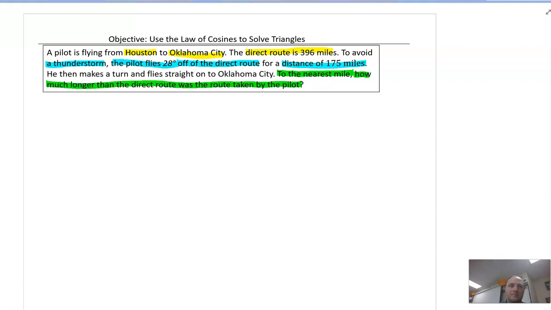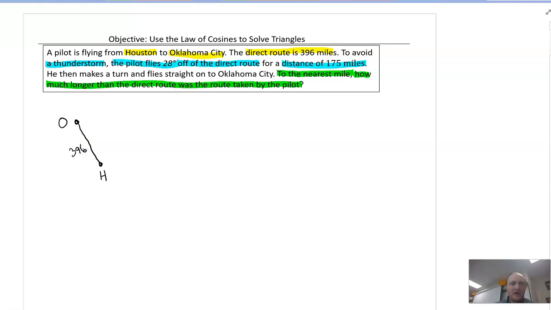So let's go ahead and draw an image. Let's put Houston down here, I'll call this H. And then we have Oklahoma City, which is up here, further north. And that direct route, they say, is 396 miles.